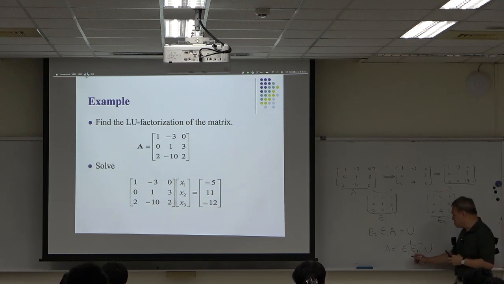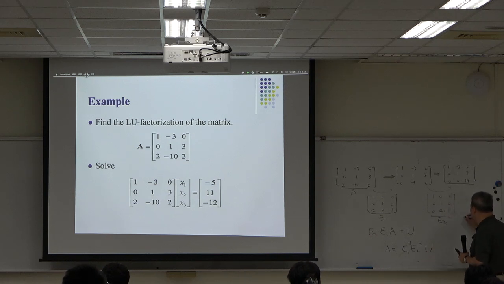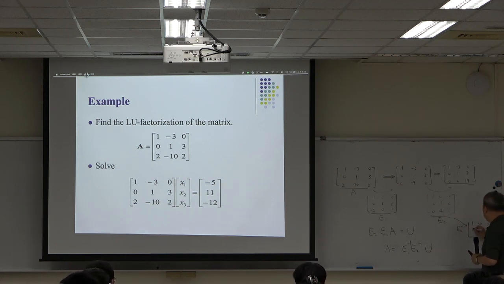And what is the inverse of E2? Inverse of E2 will be just 1, 0, 0, 0, 1, 0, 0, negative 4, 1, right?